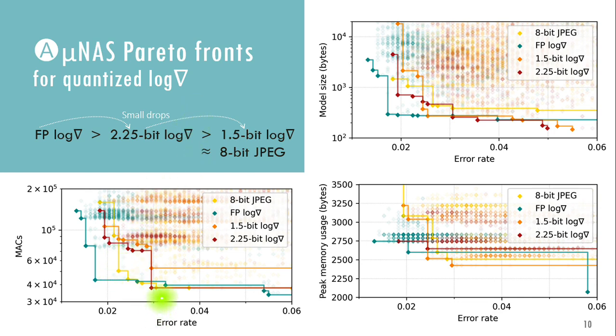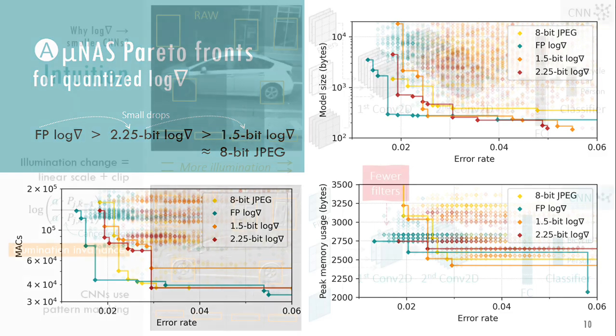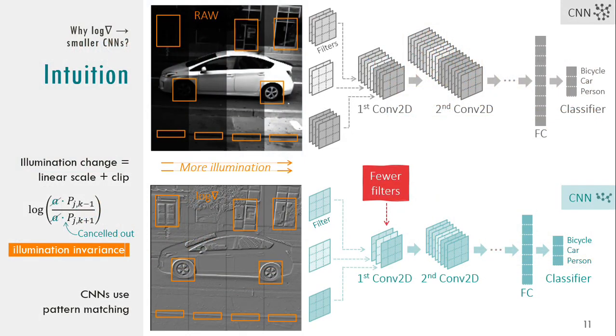Even though the Pareto fronts are pushed away from optimal, it's still comparable with the baseline, the 8-bit JPEG produced by conventional pipelines. So our takeaway from the previous 2 slides is that, according to the MCUNet architecture search, our pipeline using log gradients needs smaller models.